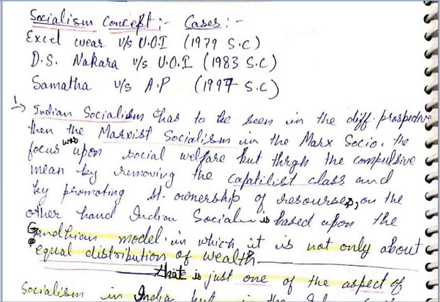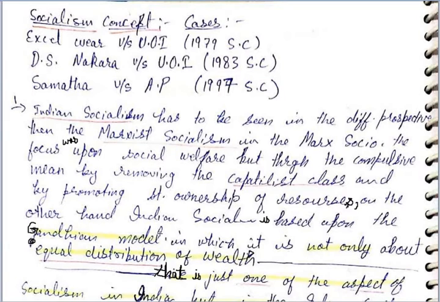Write down. Indian socialism has to be seen in a different perspective than the Marxist socialism. In the Marxist socialism, the focus was upon social welfare, but through the compulsive means by removing the capitalist class and by promoting state ownership of resources.